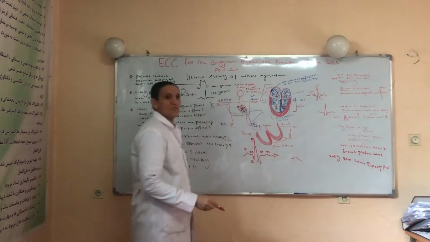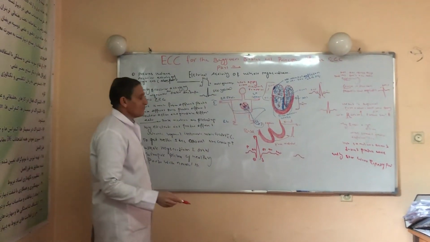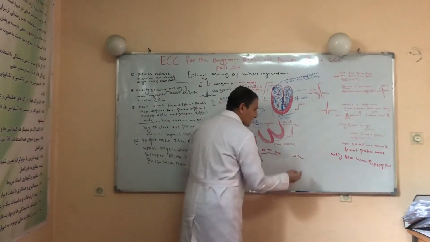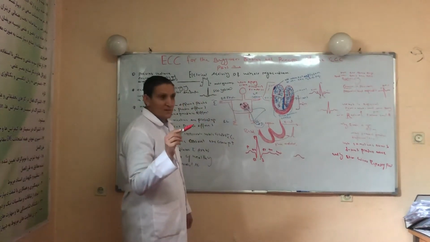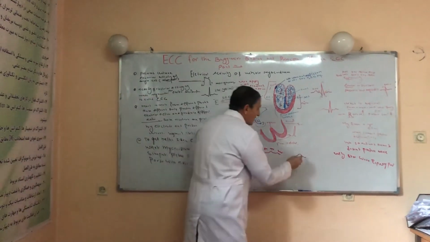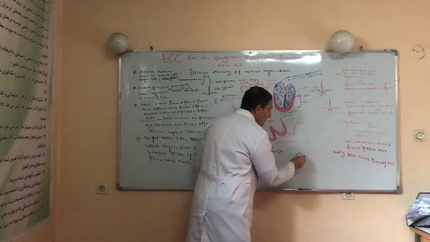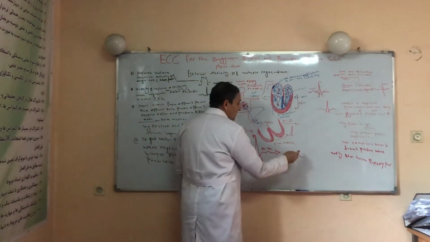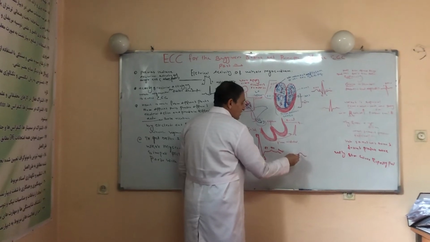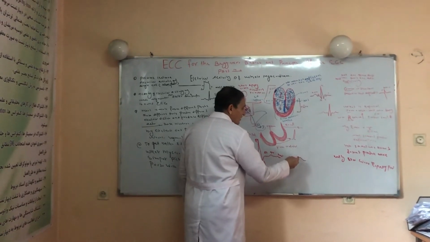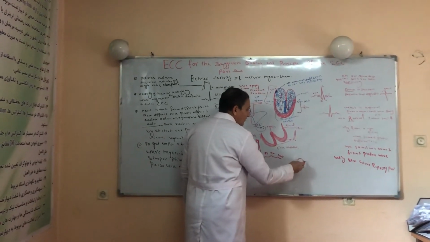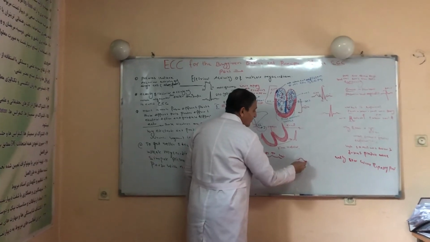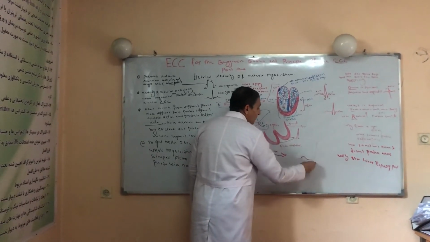What is the reason that we don't have a repolarization wave after the depolarization of the atrium? One is that it depends on potassium. Another is timing: you don't see the repolarization wave because after the P wave you come to the QRS complex.